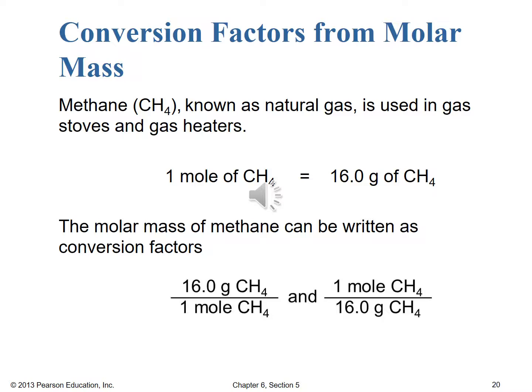So we can use that molar mass relationship to get conversion factors either with the molar mass up top and the mole of methane in the denominator, or the inverse of that as we see here on the slide.